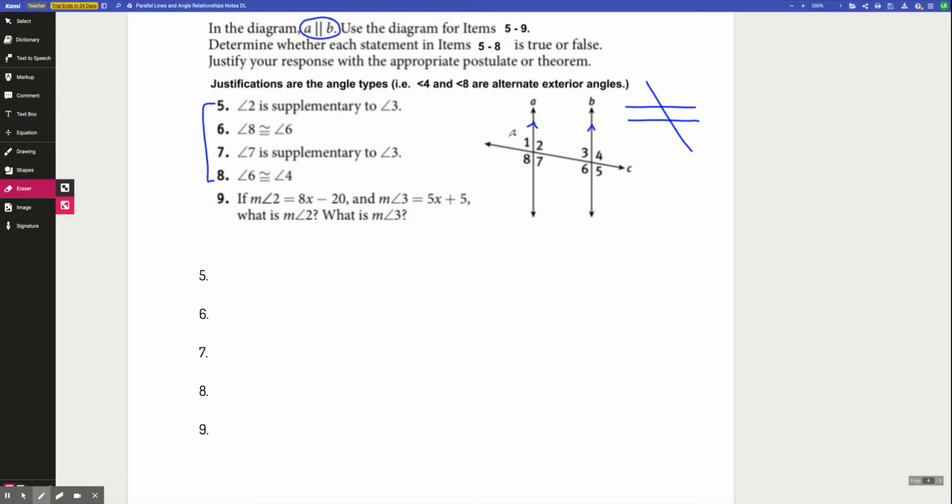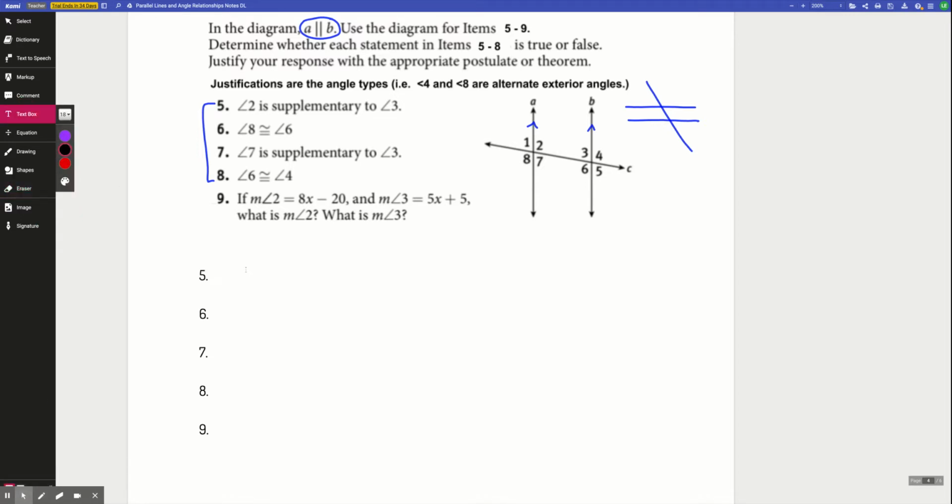So if we're looking at the same side of the transversal, the angles on the top are on the same side, and the angles on the bottom are on the same side. If we're looking for alternate sides, it would be one angle at the top and one angle at the bottom. For 5 through 8, I'm going to switch this back and type a little bit.